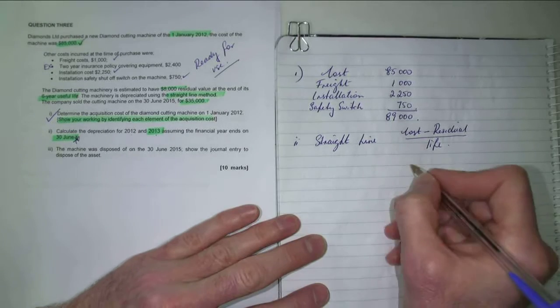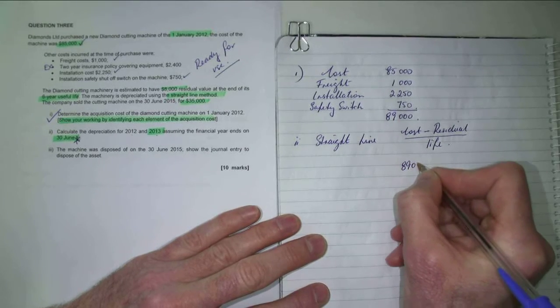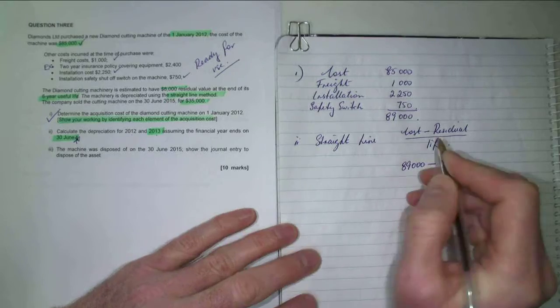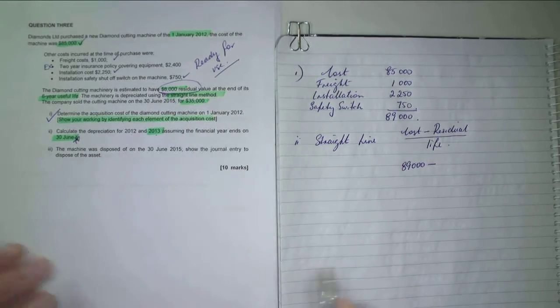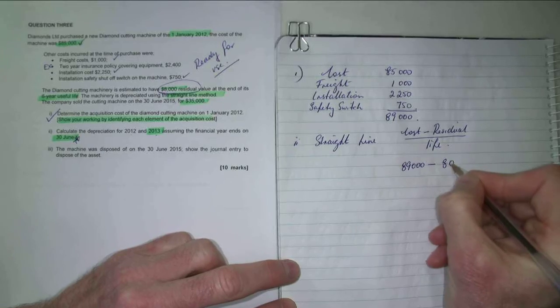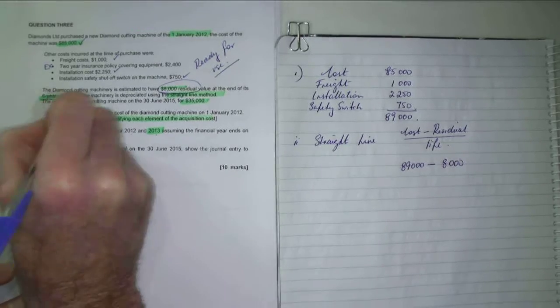Alright, so my cost we determined to be $89,000. My residual value was $8,000. And my useful life was 6 years.